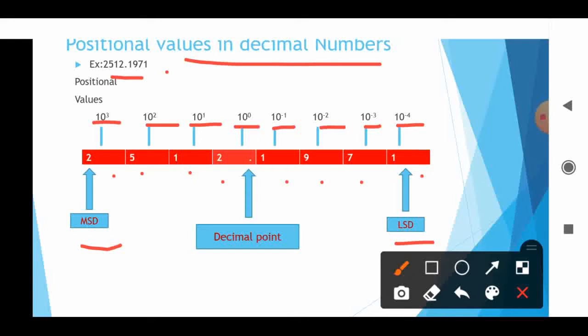Because of how you read this number: the 2 represents the value 2000, the 5 represents 500, the 1 represents 10, and so on. It carries the most weight. That is why we call it the most significant digit. The least value digit is called the least significant digit. Can you understand?